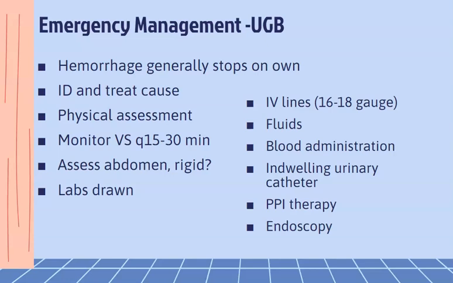Blood product administration, if it's an emergent intervention, we're looking at simple O-negative infusions. If we have the time to effectively cross-match the patient, then they can get blood that is specific to their blood type. We're going to want to put in an indwelling urinary catheter because our kind of gold standard sign in fluid and hemodynamic stability is that they are outputting adequate amounts of urine.